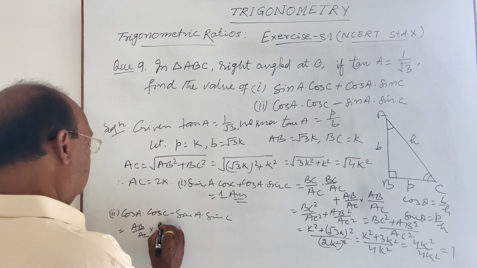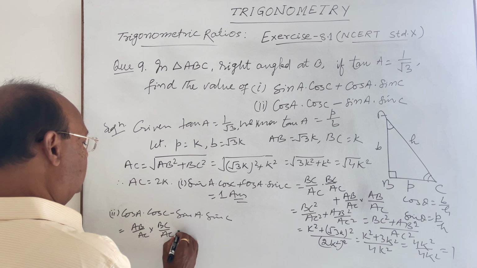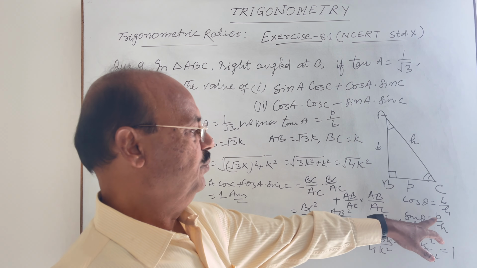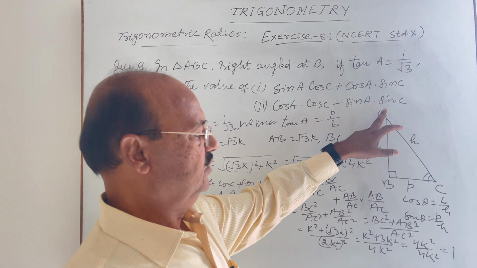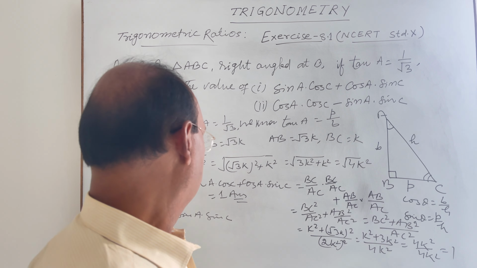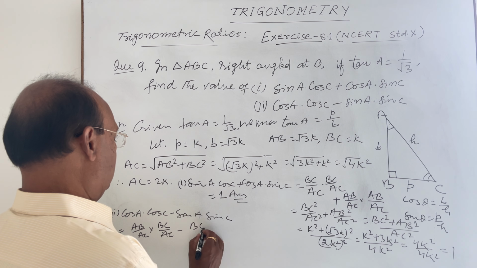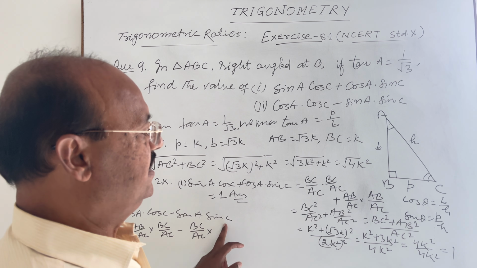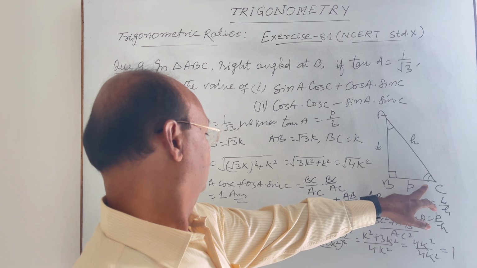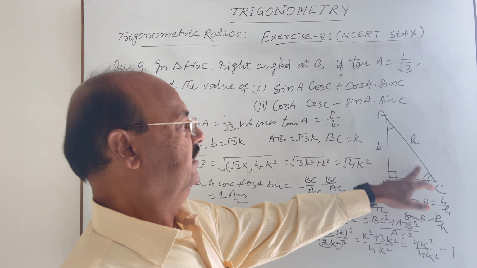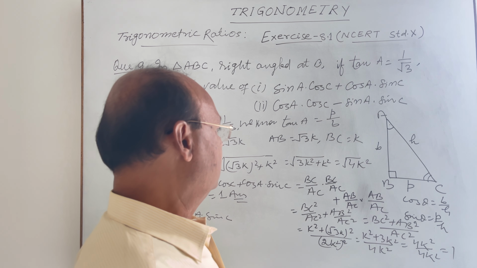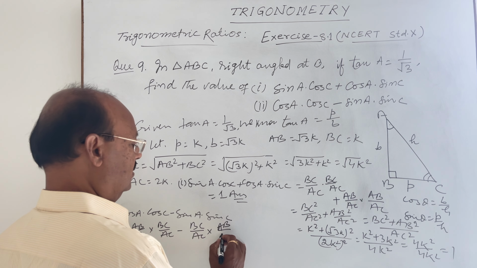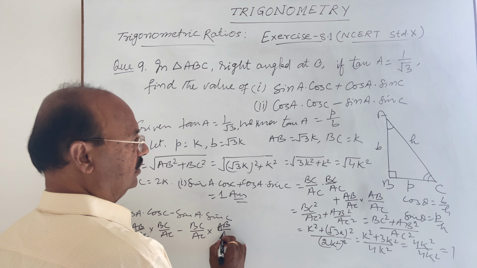So this is BC by AC minus sin A into sin C. Sin is P by H. With respect to this angle A, P is BC. So sin A is BC by hypotenuse AC into sin C. With respect to this angle C, this is perpendicular, so sin C is AB by AC. Understood? Very simple. Don't worry.